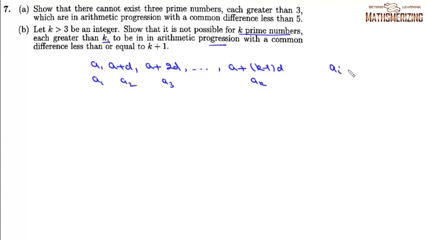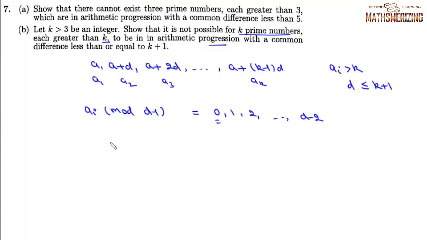Now each ai is greater than k and d is less than or equal to k plus 1. Now if for each ai we take modulo d minus 1, then 0, 1, 2 up to d minus 2 must represent a full system of residues for all i's.